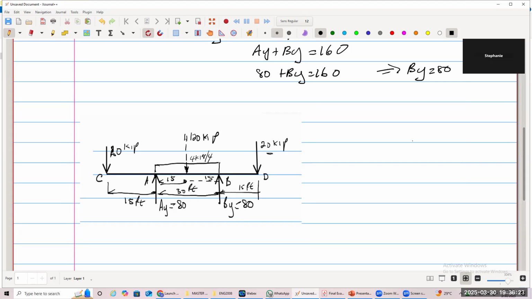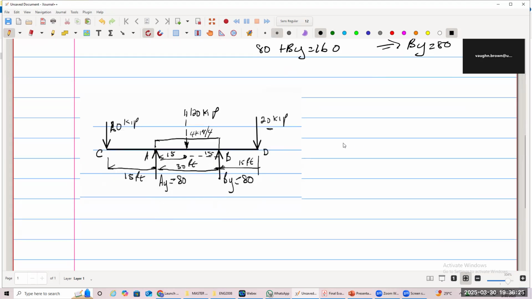Now, if you're using method of sections to cut across this beam, wherever you have a UDL, the principle is that, and I'm going to combine a little bit of the singularity method with this, let's say that you had cut this section here in front here, right?